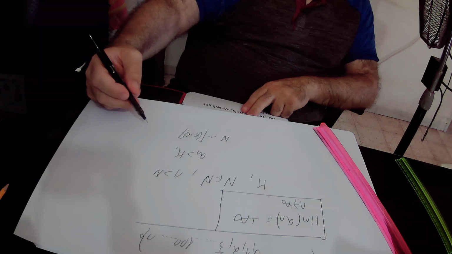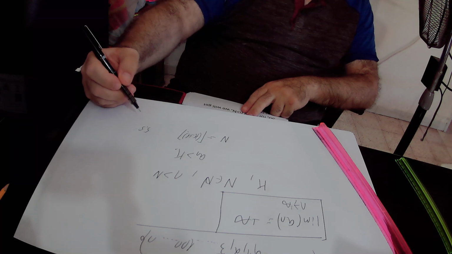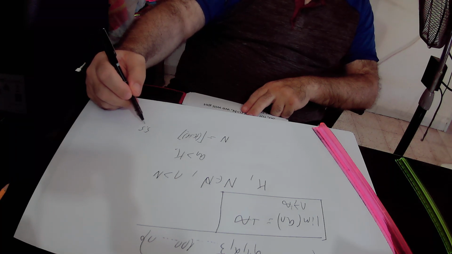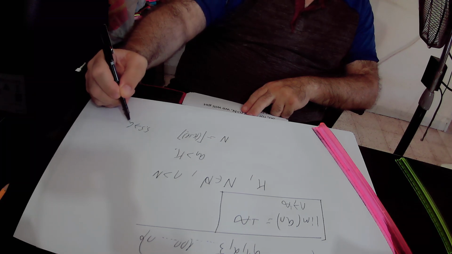For example, if we have the number 5.5, when it is rounded up, it will be equal to 6. Okay?